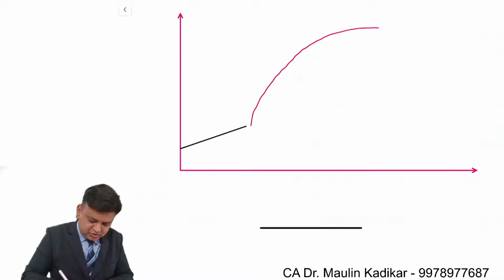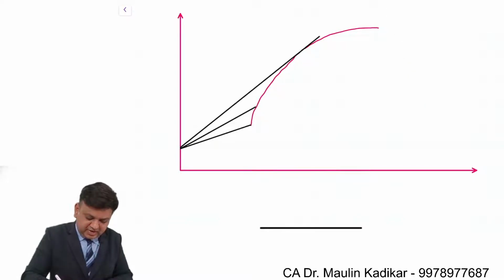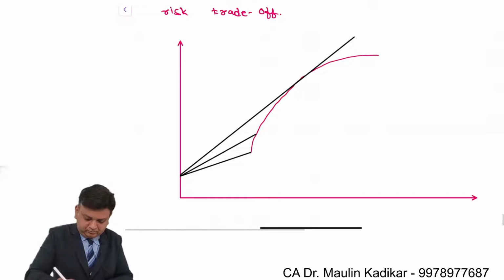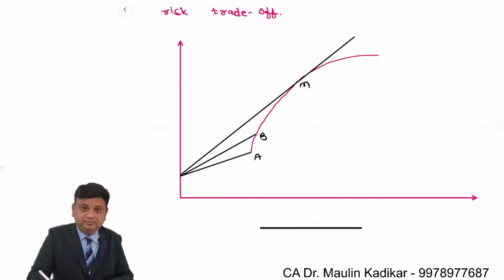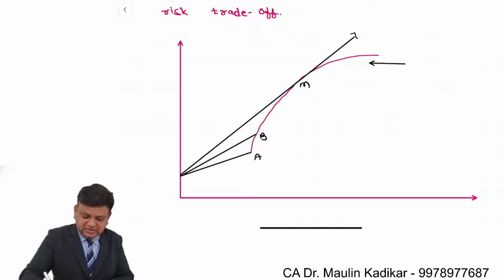This is the combination of RF and A. This is the combination of RF and B. This is the combination of RF and M. This is A, this is B, and this is M. This is the efficient frontier.